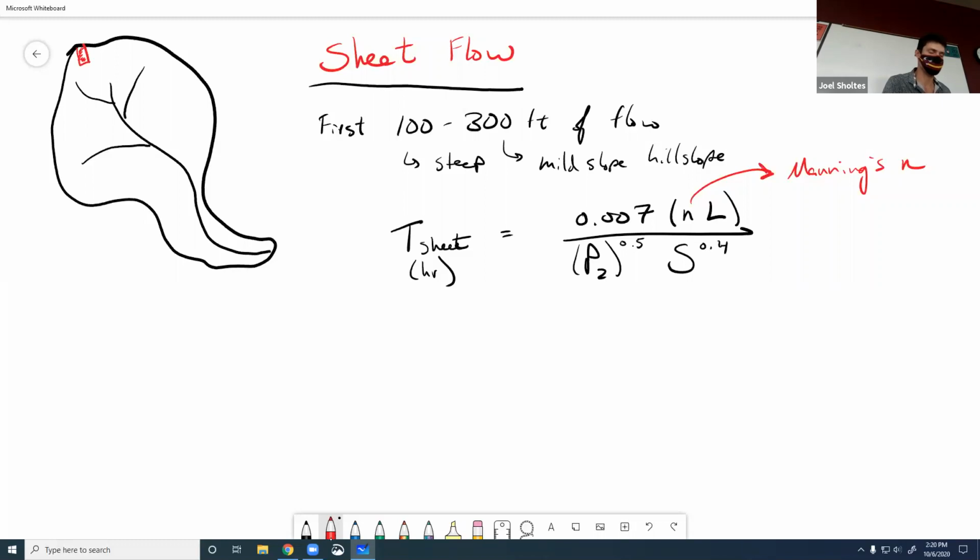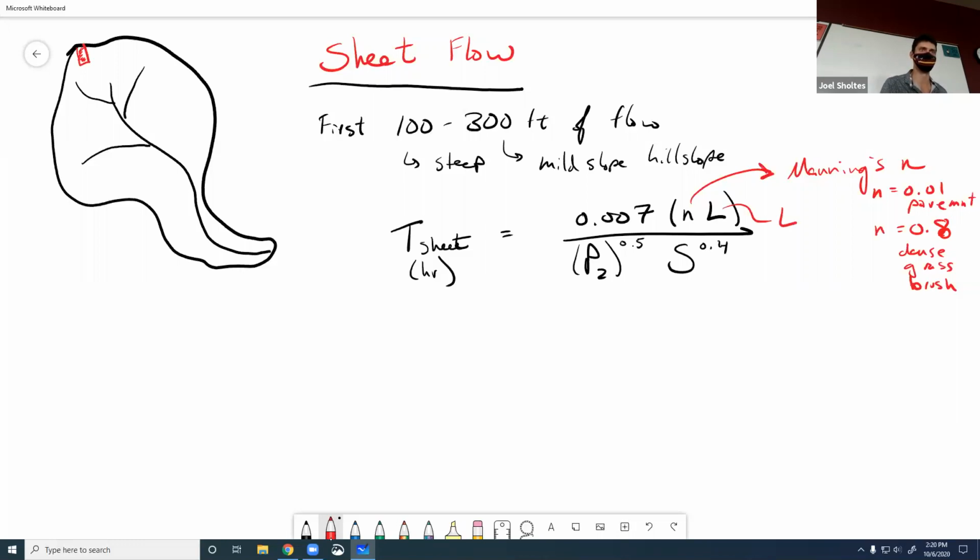And so Manning's N could equal anything from 0.01 for pavement all the way up to 0.8 for dense grass, brush. So a bigger number up here in the numerator is going to mean a longer time of flow, right? So rougher slows water down, longer time.